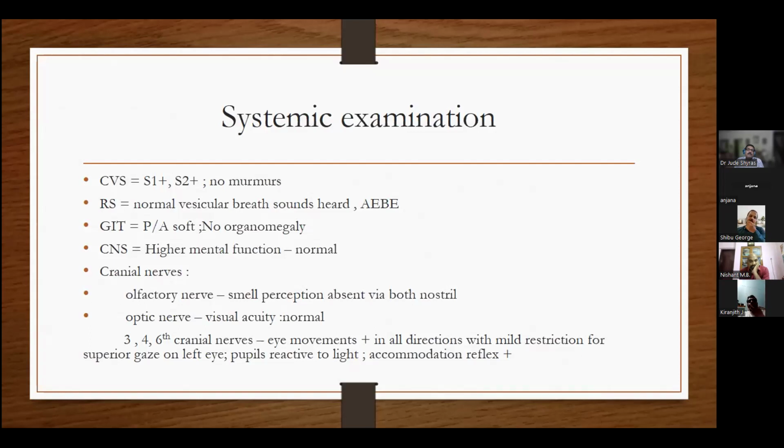How do you test for olfaction? So smell test, sir. The patient is asked to compress one nostril and a substance like coffee powder kept in a bottle is placed in front of the other nostril. Why coffee powder?